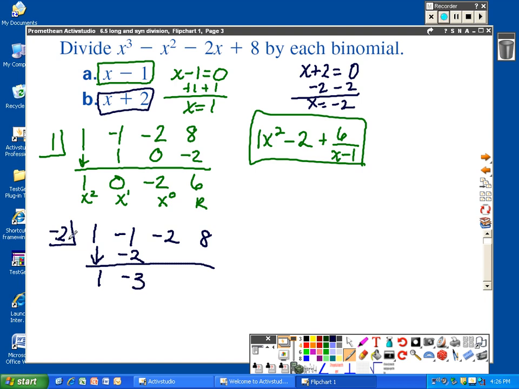Negative 3 times negative 2, 6. Add, 4. 4 times negative 2, negative 8. Add, 0. That's my remainder. X to the 0. X to the first. X squared. So my resulting polynomial is 1x squared minus 3x plus 4x to the 0, which is just plus 4, plus no remainder.